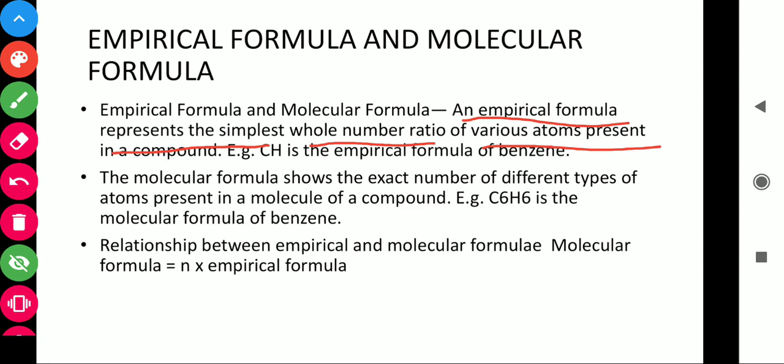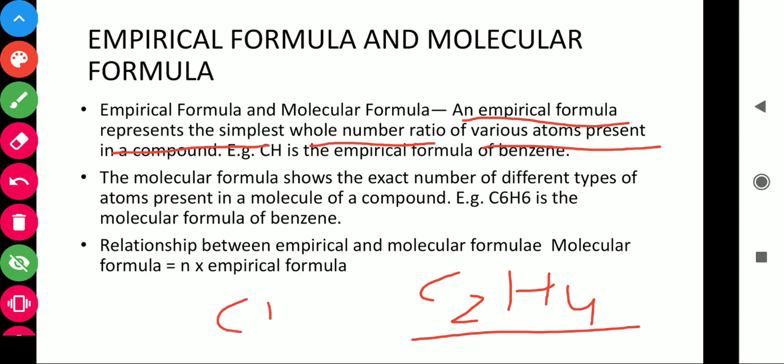For example, C2H4 is the molecular formula of ethene, and if we want to know its empirical formula, we can divide it by 2. It becomes CH2, the simplest whole number ratio.